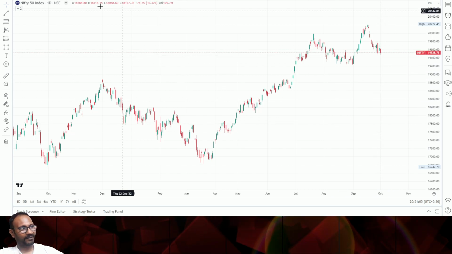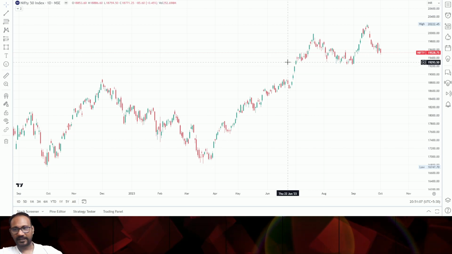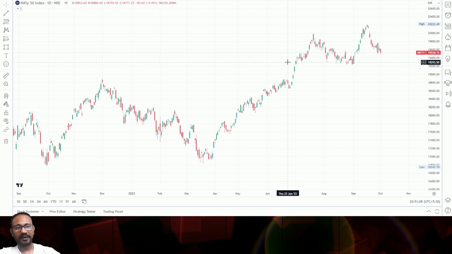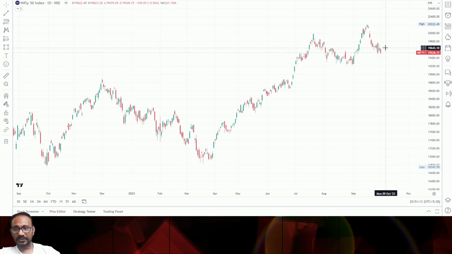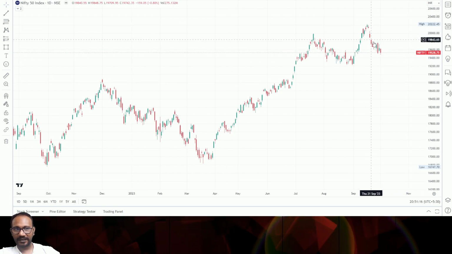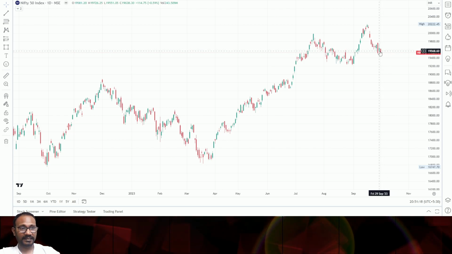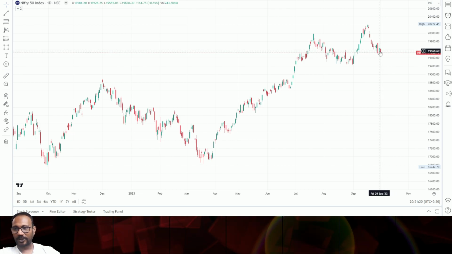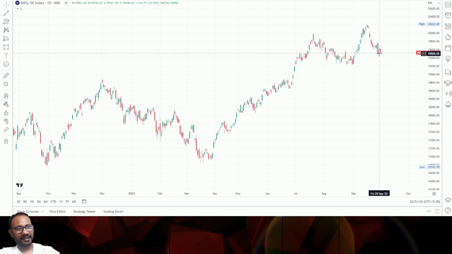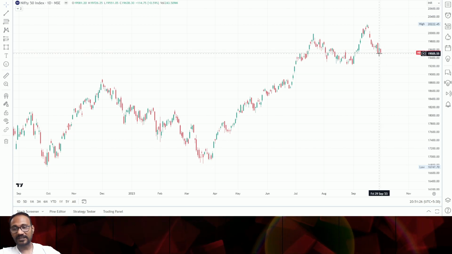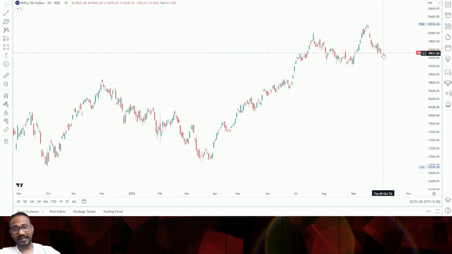Initially, with short time frame, it looked like the market is completely crashing, it's going down. But when you went into this day's candle, you see that it is more like a retracement happening, and then clearly we need to wait and watch for how the market is going to react around this level, and it might take many days and weeks to give us a clarity on the trend.